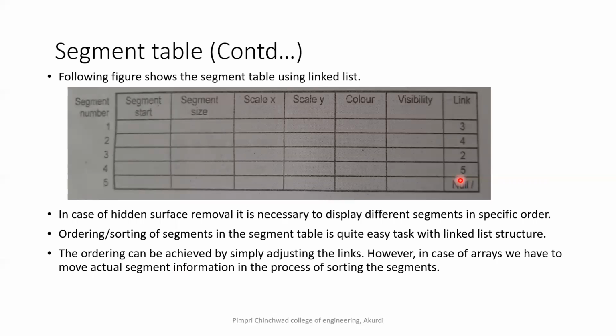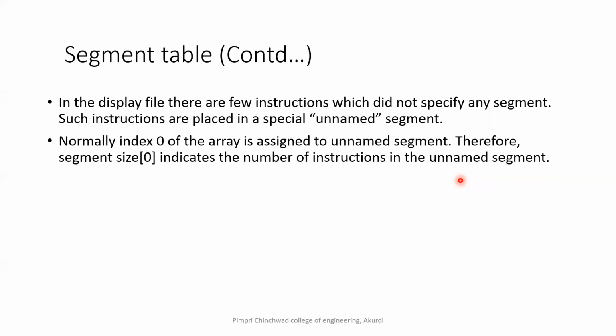We have to adjust the whole array. If one link is to be changed, we have to shift all other array elements, or we can say in case of arrays we have to move the actual segment information in the process of sorting the segments, right?